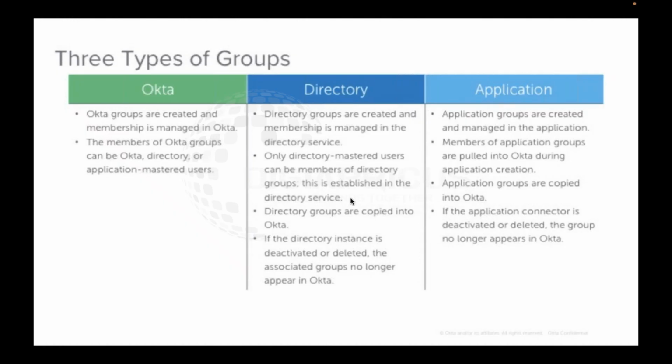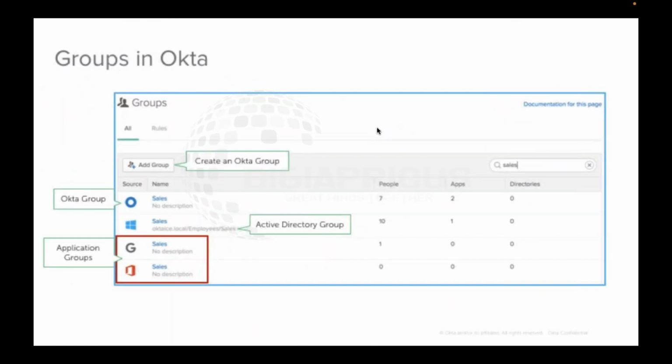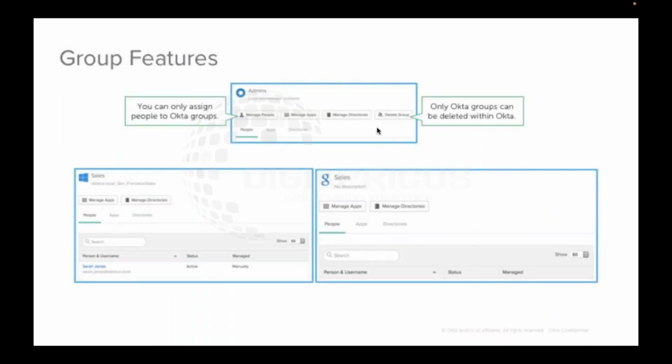At that point of time, you would still not be an admin for any application or directory, but you would have that team available who is the admin of the directory or the application. So there would be meetings wherein you'll be doing all of this stuff, and at that point you can see that you have a directory group and an application group. That's the reason why I have included these screenshots over here, because we are not creating these groups in Okta, we are just importing these groups from the application or the directory.